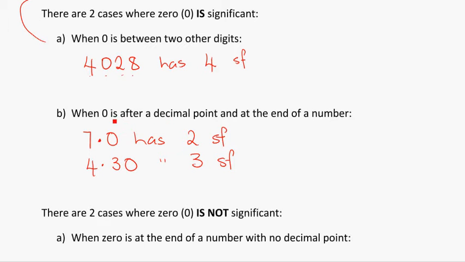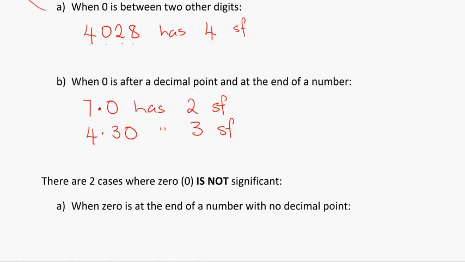Because the 0 is after a decimal point and it's at the end of a number, and so you count it.